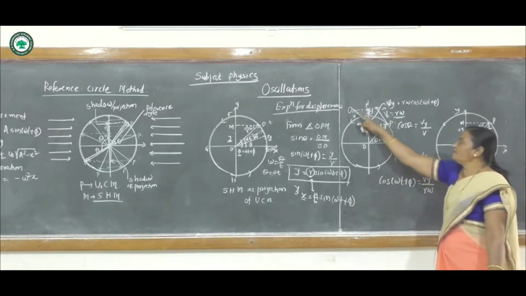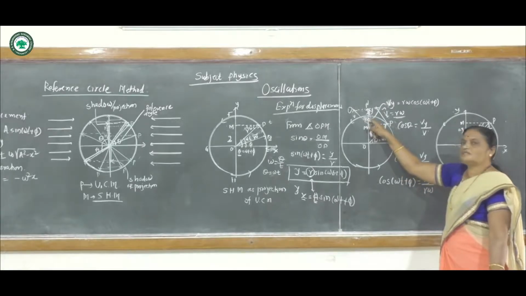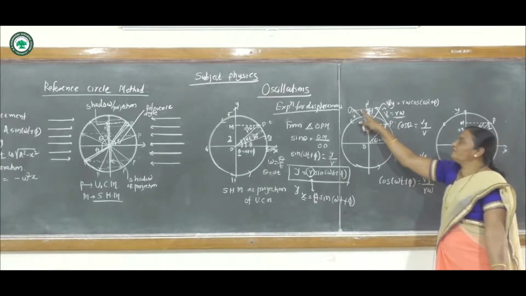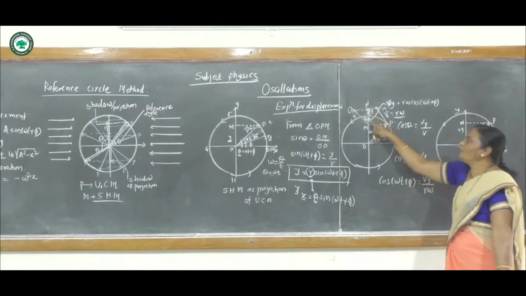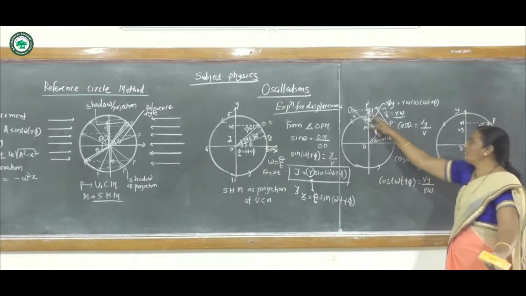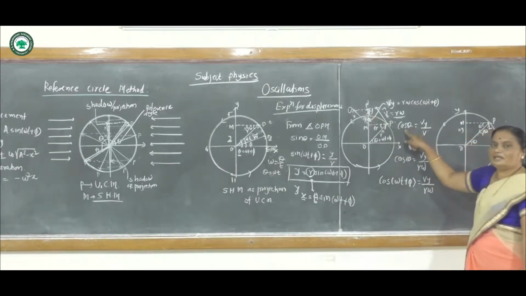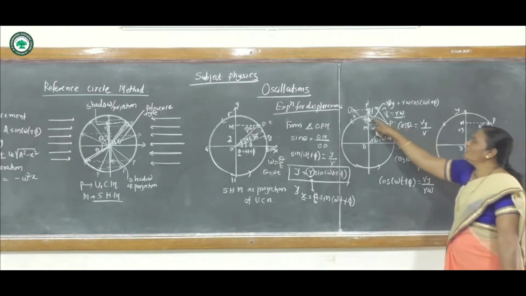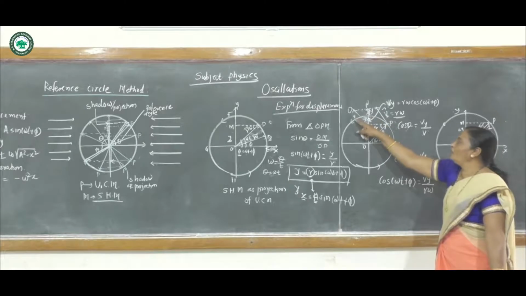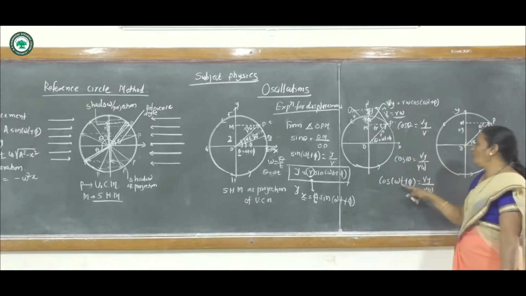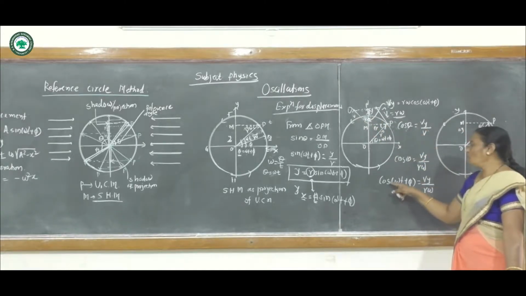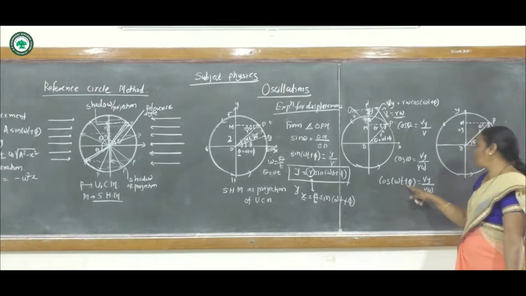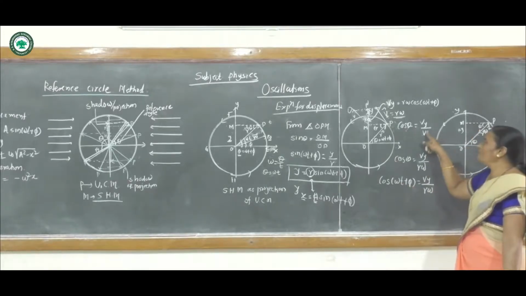See, consider this triangle again. This is the angle theta, this is the coincide side, this is the front side. Here we find Vy along the coincide side. Therefore we can say cos theta is equal to Vy divided by V. Theta has the value omega t plus phi, and V has the value r omega.